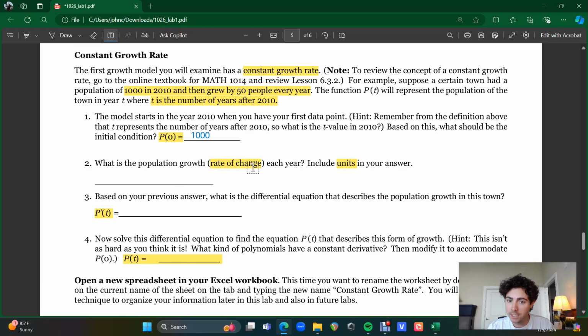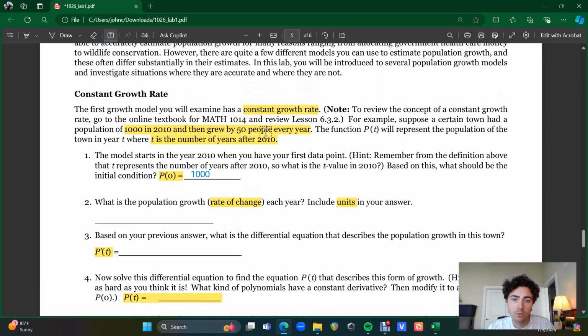What is the rate of change every year? Well, they tell us that it's growing by 50 people every year. So the population growth is 50 people per year. That's the units, people per year. A rate of change is typically the y value units on top, x value units on the bottom. So it's population over time, people per year.